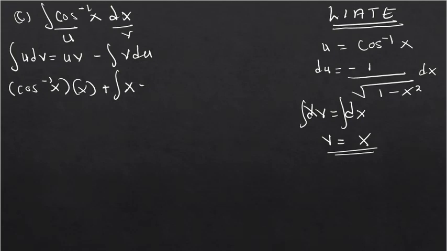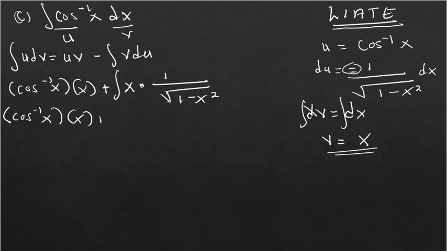We know that this is just a positive because of the negative that we have here, meaning I'll write it as a positive number over root of 1 minus x to the power 2. From here, notice how this is cosine inverse x times x plus the integral of x over the square root of 1 minus x to the power 2, not forgetting the dx always.